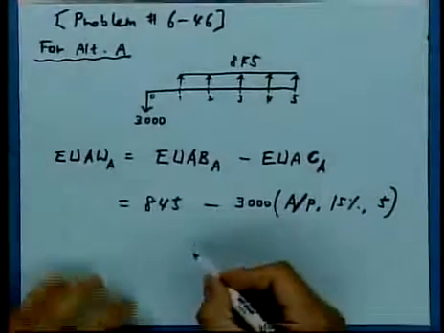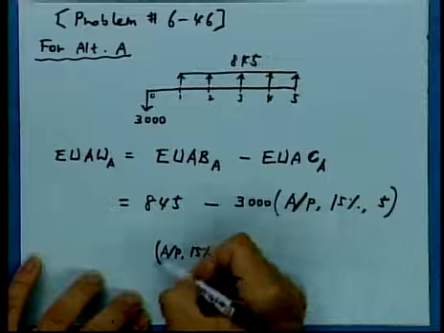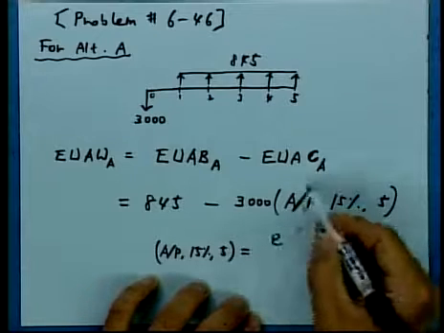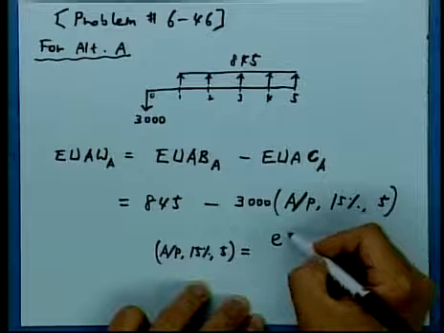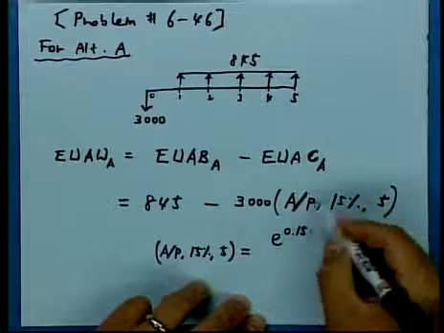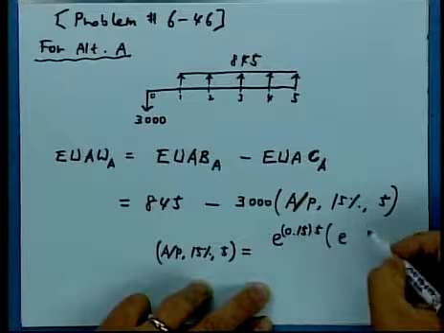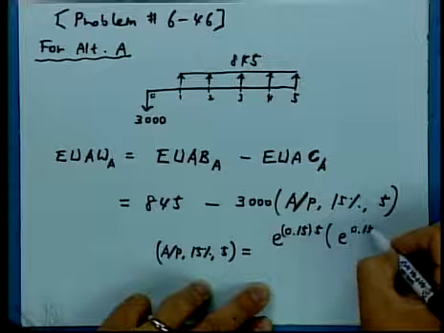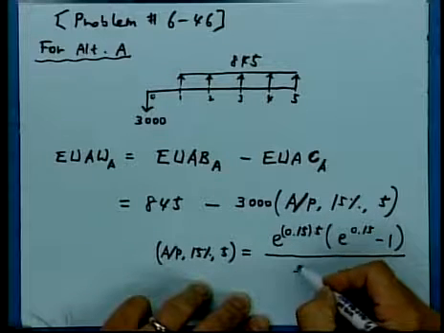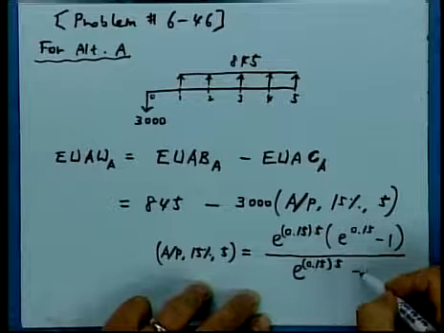So here, A given P, 15% over 5 periods would be e to the power r times (e to the power r minus 1) over (e to the power rn minus 1), where r is 15%, so 0.15, and n is 5.